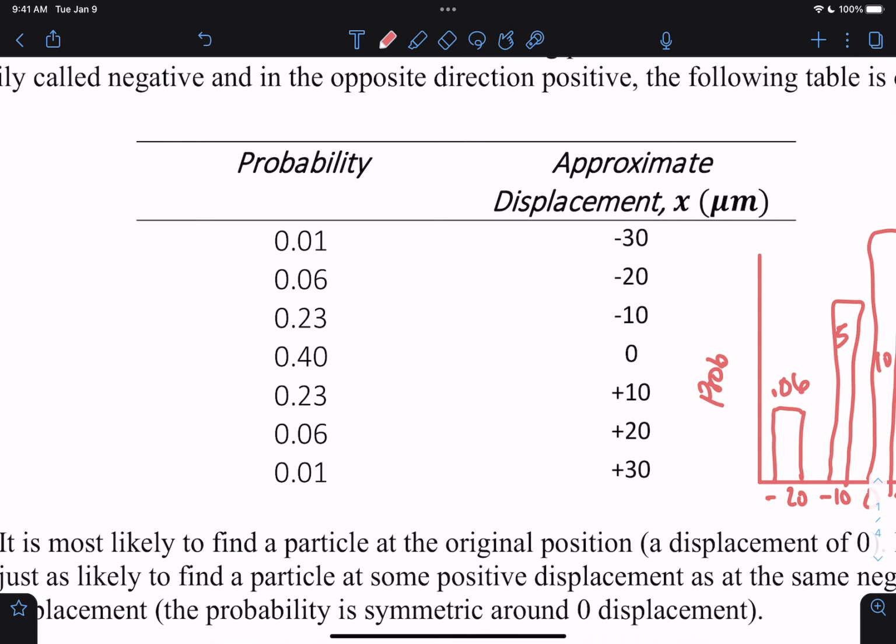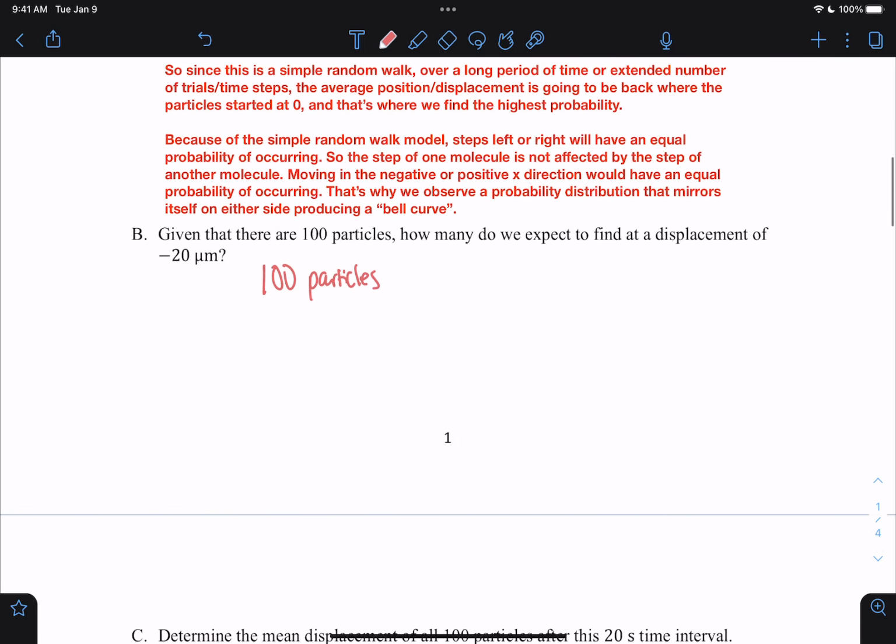There's a 6% chance of finding particles, or 6% of particles essentially will be found at approximately negative 20. So with that kind of hint for B, anyone want to suggest how we can figure out the number of particles that we can expect to find at a displacement of negative 20 micrometers?